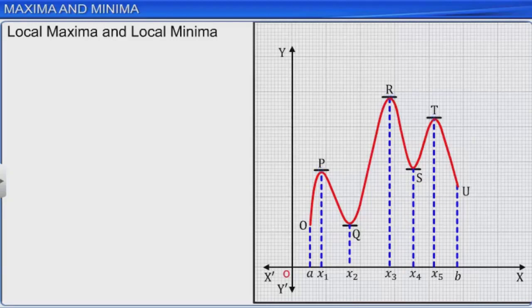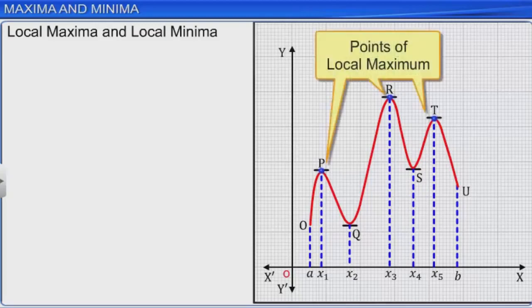The points P, R, and T are called the points of local maximum, and the values at these points, that is, the y-coordinates of points P, R, and T, are the local maximum values of f(x) at these points.